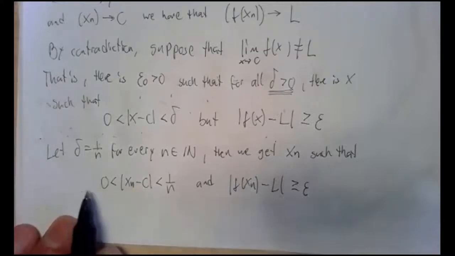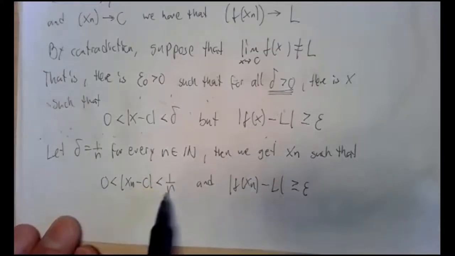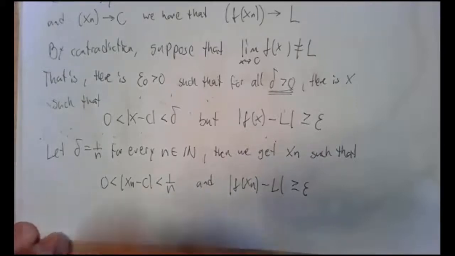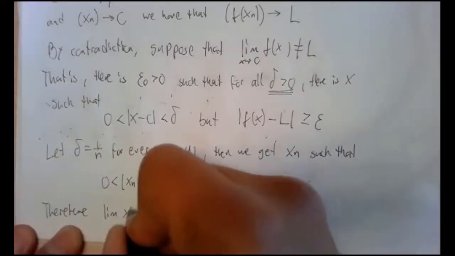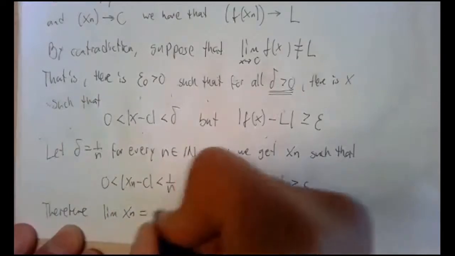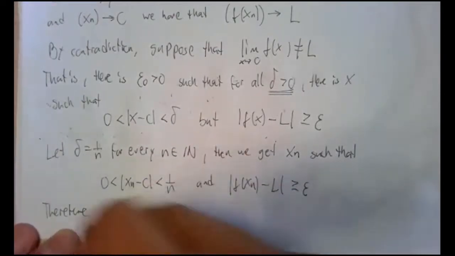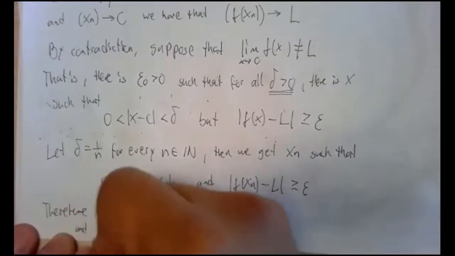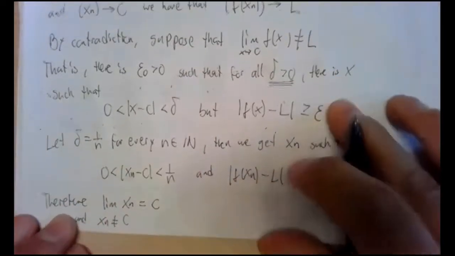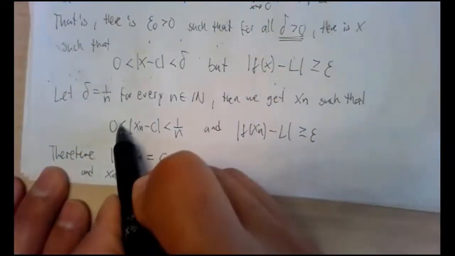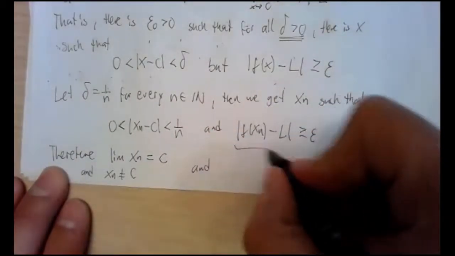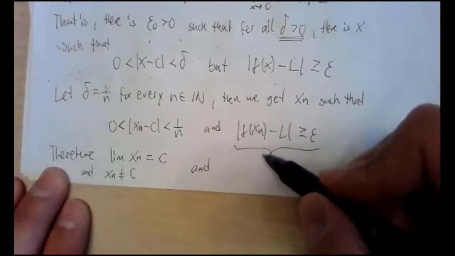No matter what, you can make 1 over n as small as you want. So the limit of xn is c, and xn is not equal to c, because of this strict inequality on this side. And this shows that the limit of f of xn is not equal to L.